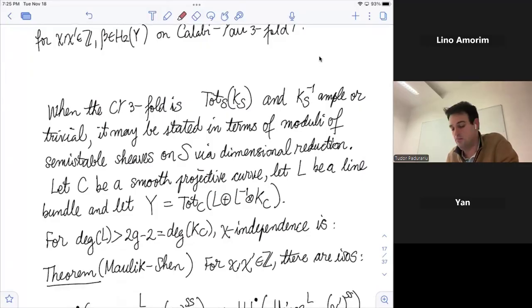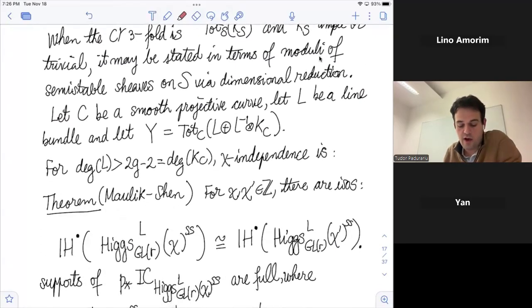So let us say that instead of S being a smooth projective surface, we take S in my presentation to be a local surface. That is, we consider a smooth projective curve C and we consider the total space of a rank 2 vector bundle over it, which is L plus L inverse times K_C.